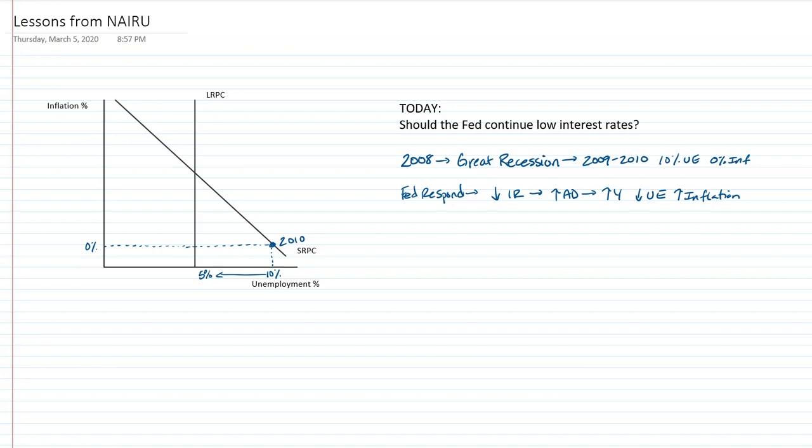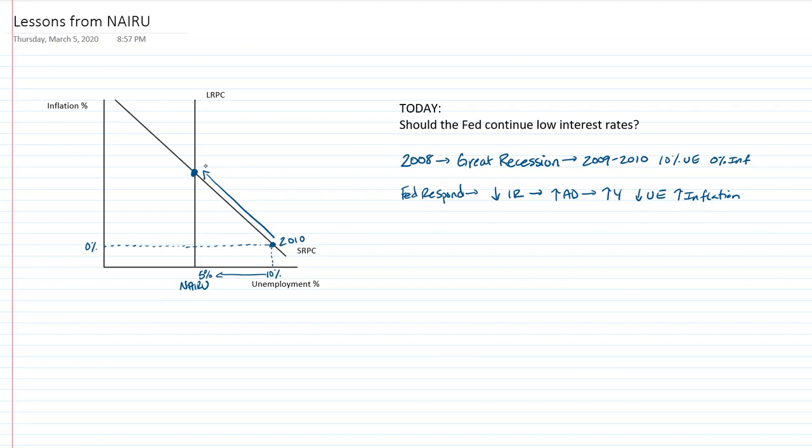And this is where the Phillips curve begins to provide lessons for and challenges for policymakers. As that unemployment rate came down to 5%, and a lot of economists thought that NAIRU was around 5%, they expected to see inflation beginning to rise.